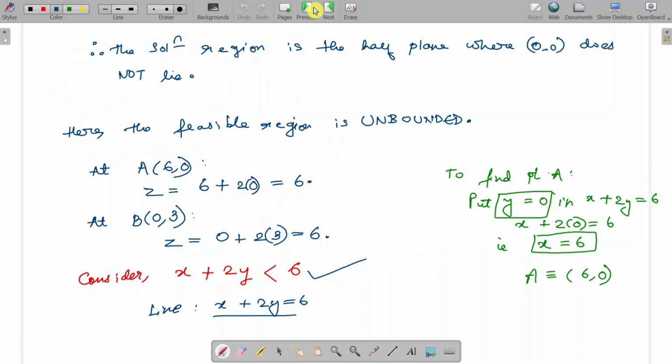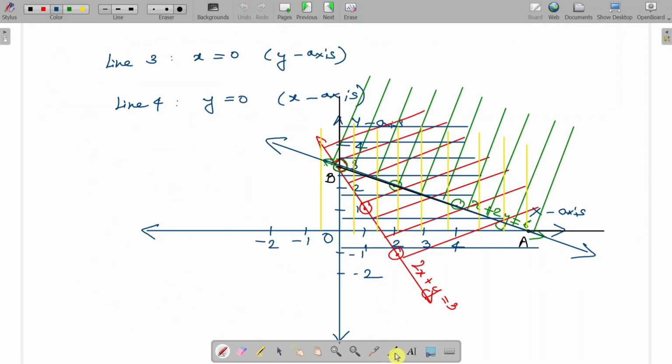So if we look at the solution region for the new inequality, it is this here, right, where 0, 0 lies.